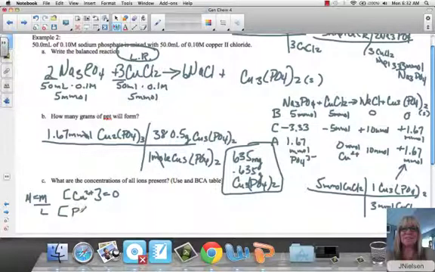So PO4 3 minus is equal to 1.67 millimoles over, I'm going to do milliliters just so you can see, 50 and 50, total volume is 100 milliliters.